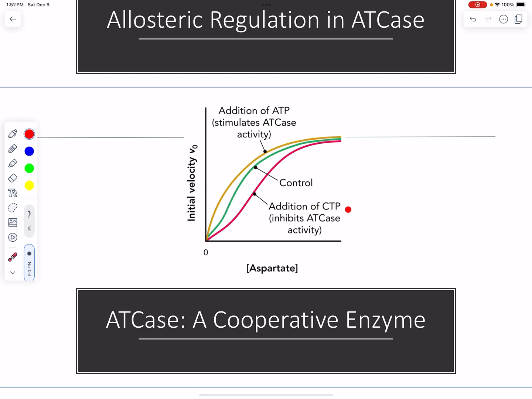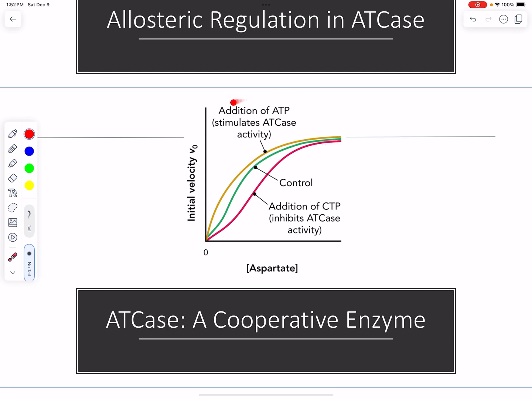When you have CTP, that inhibits ATCase activity and shifts the curve to the right, because it gives you a lower affinity for your substrates, as well as reduced ability to catalyze the reaction.